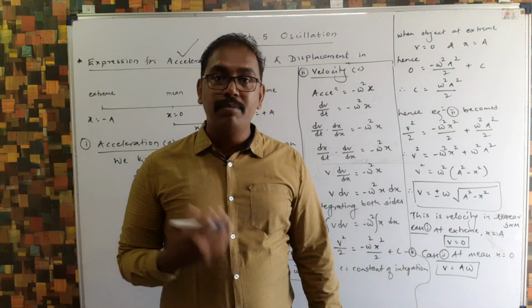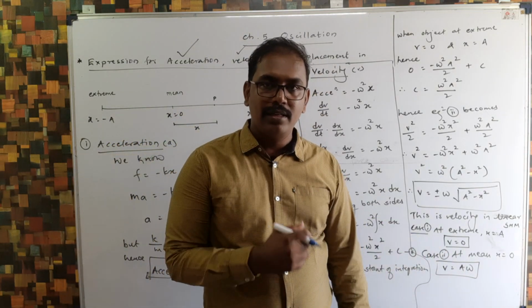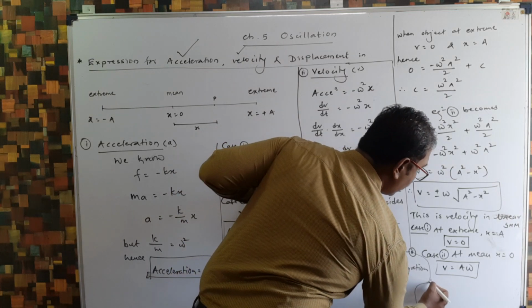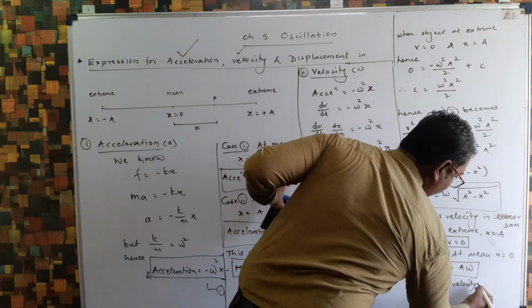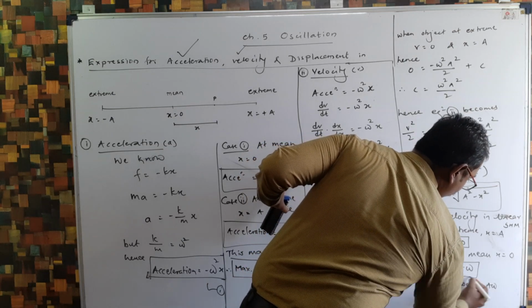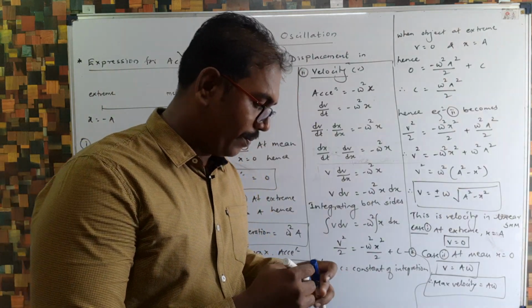So a omega, and this is the maximum velocity: minimum at extreme and maximum at mean. Hence maximum velocity is equal to a omega.